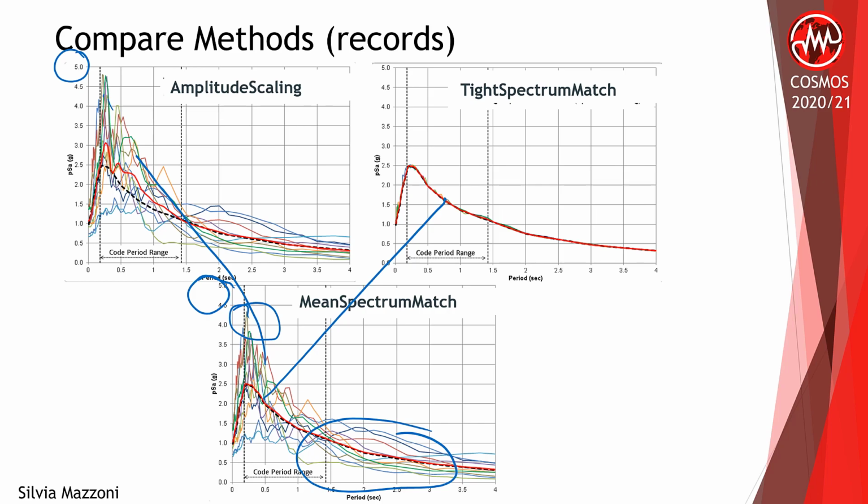Interestingly, what I recommend when people have records with pulse, don't even modify the records with a pulse because you're not allowed to touch those, but you can modify the other records to make up for not touching the pulse records. You just have to get in there and do a little bit more control of the individual records, which you can, but you don't have to do it blindly like you do with tight spectral matching.